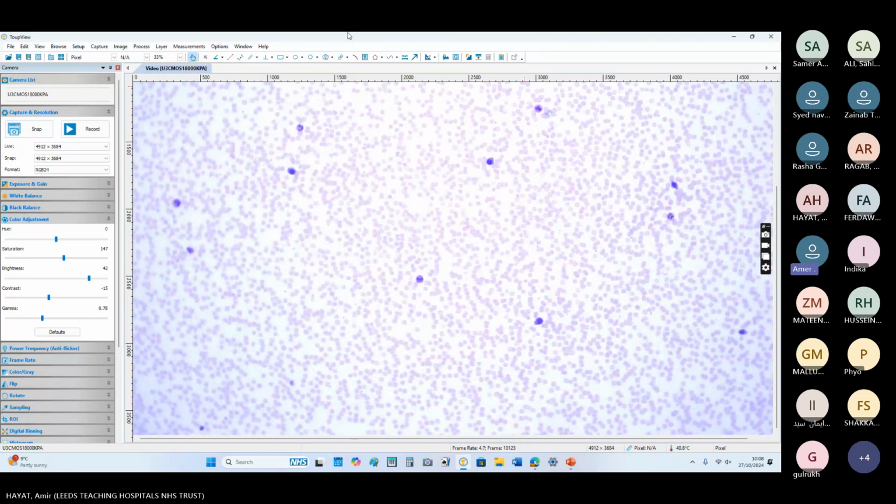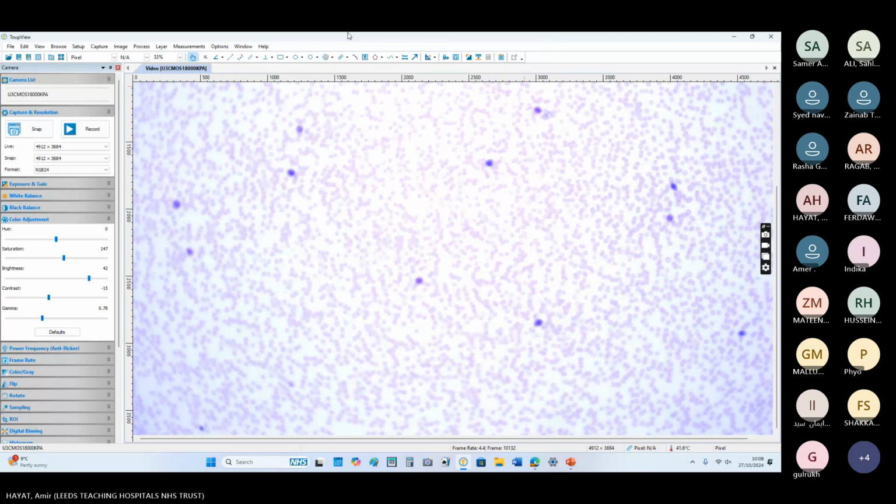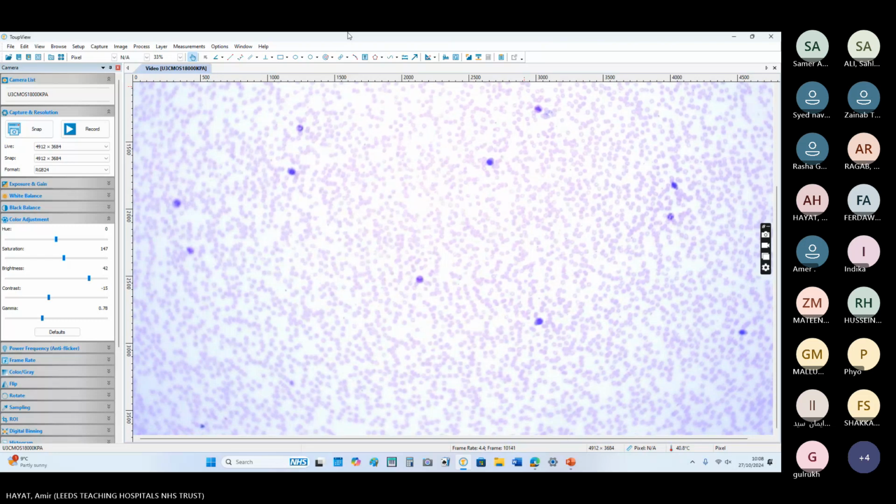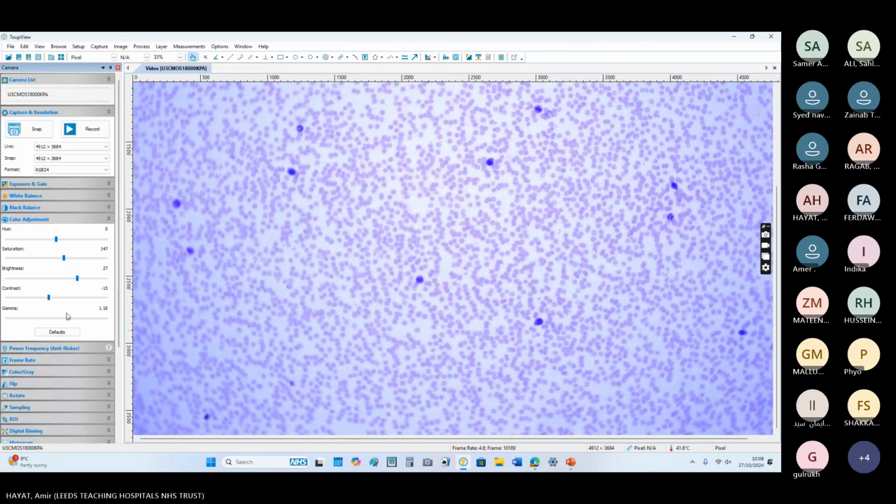This is another case. This is an 80-year-old patient who presented to you with worsening back pain.